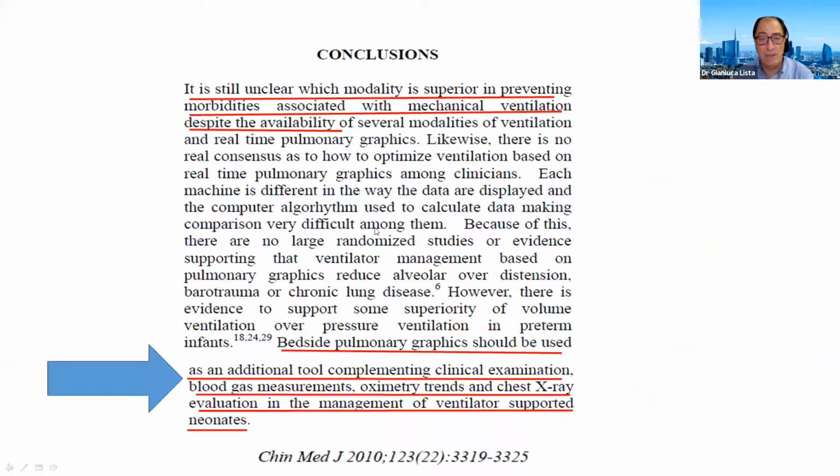I think it's interesting what our colleagues in China concluded in their paper, in which they wrote that probably we are not able to say which is the best modality of mechanical ventilation to use for the respiratory failure of preterm infants, but the bedside pulmonary graphics are a very important additional tool, in association with the clinical examination, blood gas measurement, the saturation and chest X-ray, and for example the lung ultrasound, in order to evaluate how to manage the baby during mechanical ventilation.